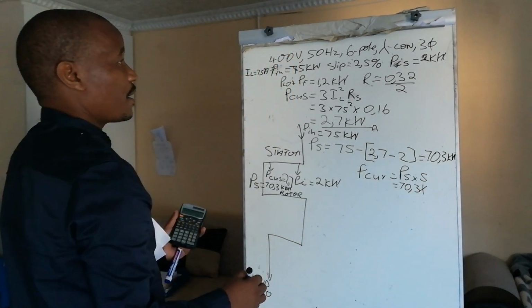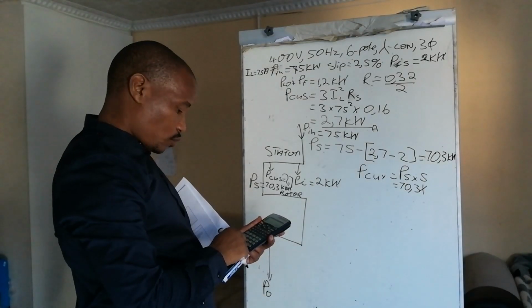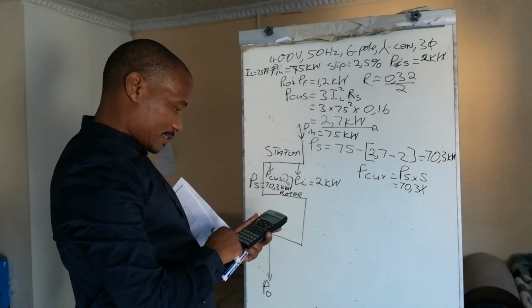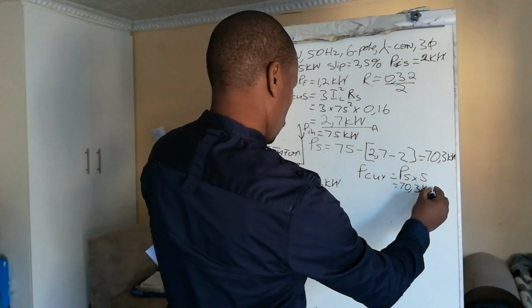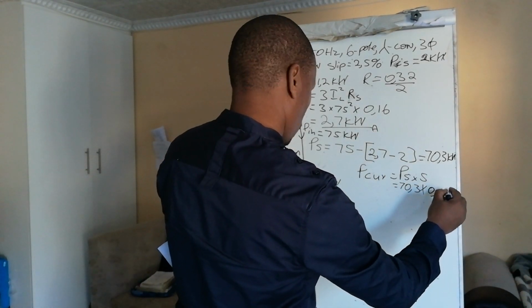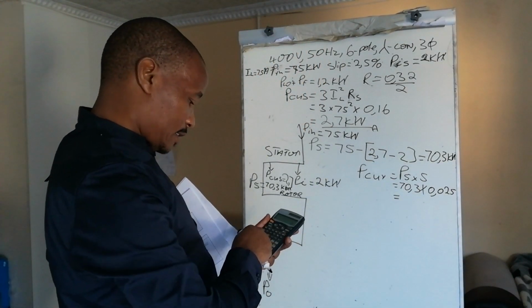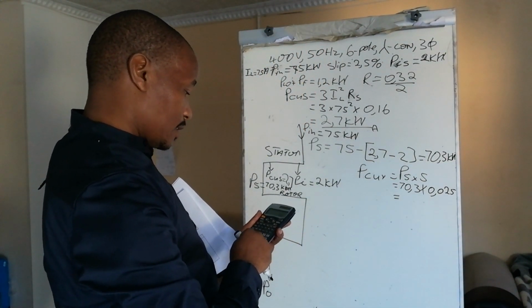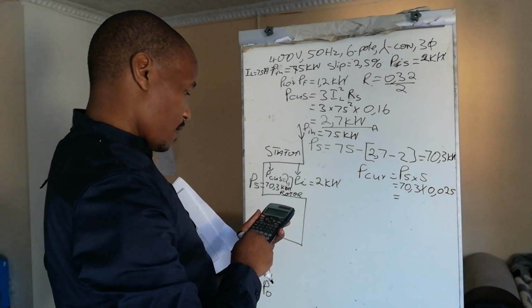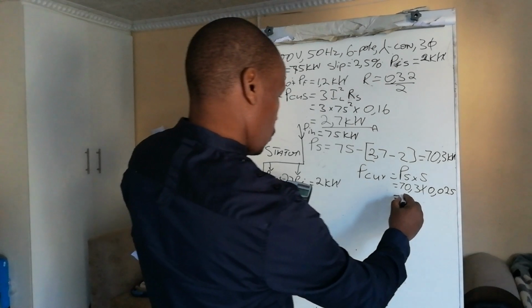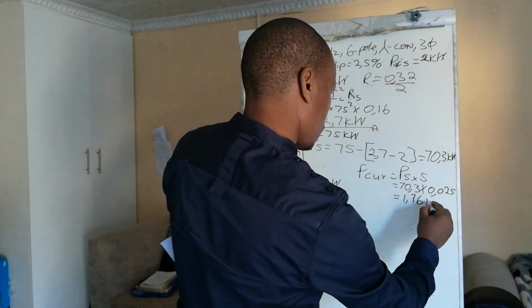Then we multiply by the given slip of 2.5%, which is 2.5 divided by 100, equal to 0.025. So 70.3 multiplied by 0.025 is equal to 1.76 kilowatts.